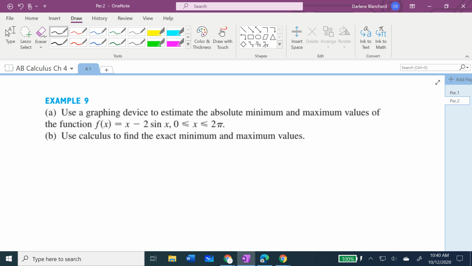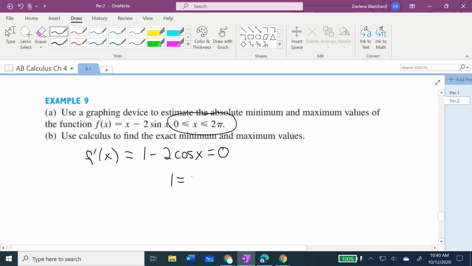Okay, so you need to use calculus. So you are going to take the derivative of f of x. And you are going to find any critical numbers in that interval. With a cosine function, it will never have a discontinuity.